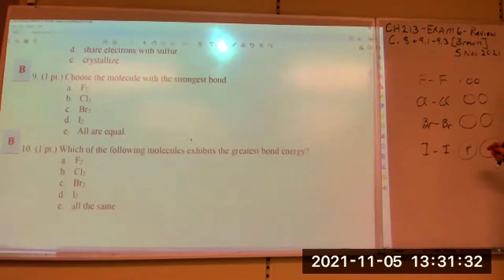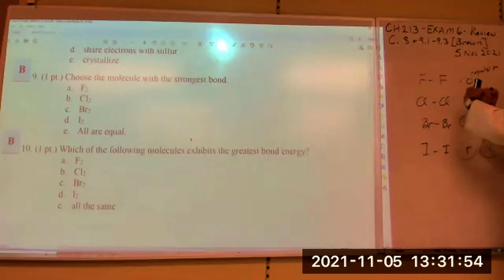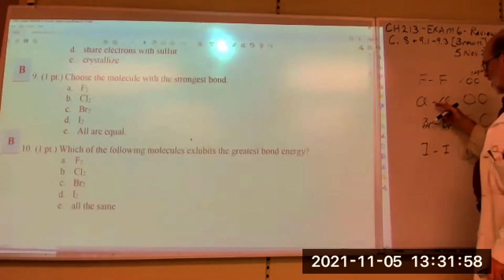At some point, you overlap so close together at the nucleus that you get repulsion from both the nuclei and from the shared electrons. And that negates the effect of orbital overlap that you would get as you move the nuclei closer together.